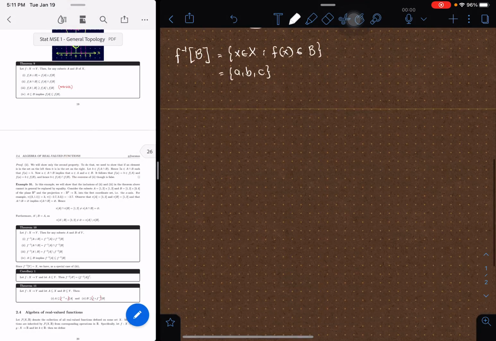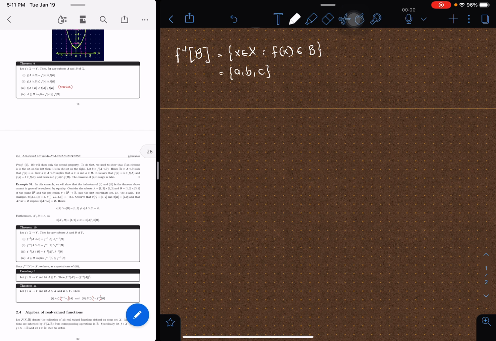Sige, try natin yung Theorem 9 part 1, f of (A union B) is equal to f of A union f of B. Sorry, dapat bracket to.